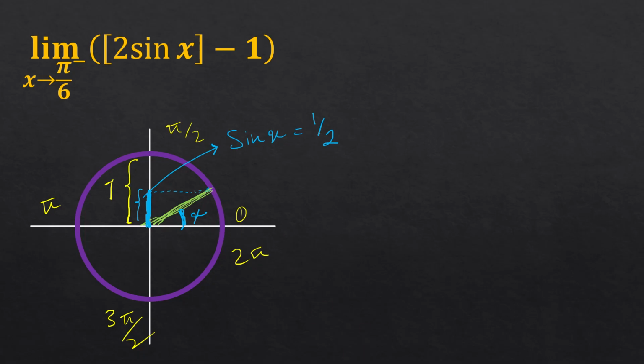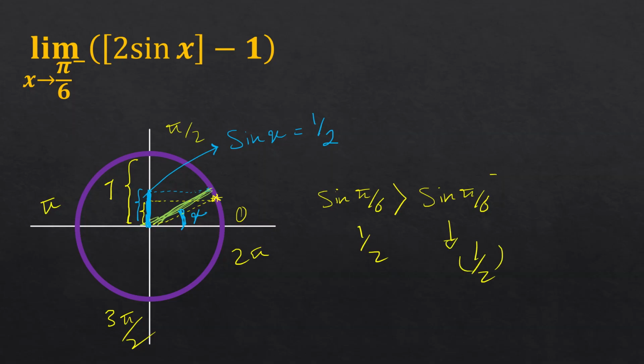If I want to measure its sine, you see that the sine is smaller, is this much. Then sine of pi over 6 is larger than sine of an angle between 0 and pi over 6. We know this is 1 over 2, then this is smaller than 1 over 2.